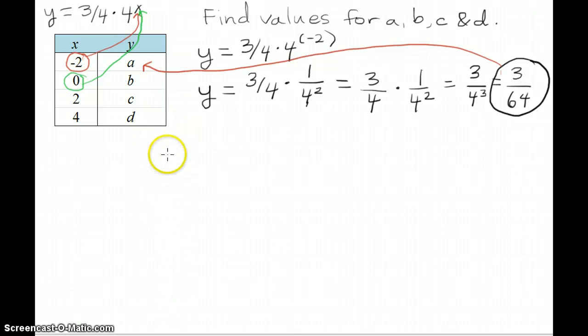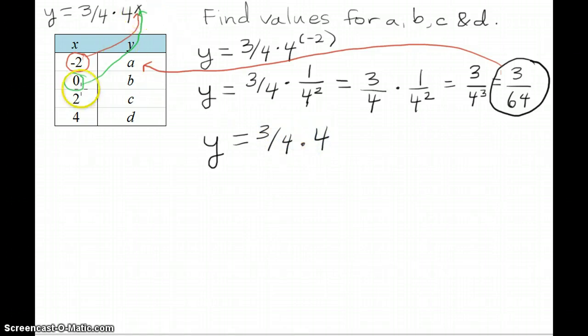Okay, so let's do that. We're going to rewrite our equation. Y equals 3/4 times 4. Now instead of writing to the x, I know that I have to put a 0 there. I like to put parentheses around that, to the 0 power.